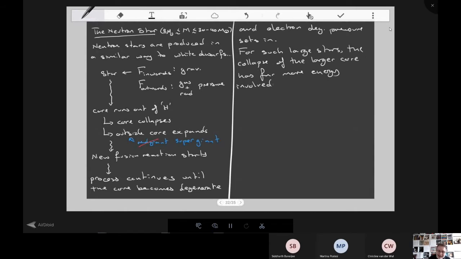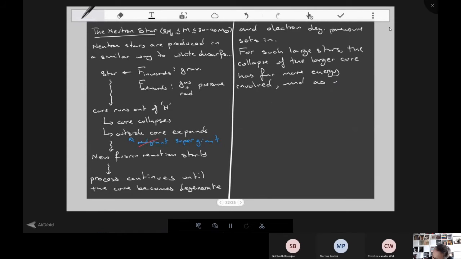Because it's larger, there's more mass there, the density of the bigger stars is denser. And as it collapses, there's a lot more loss of GPE, and the kinetic energy associated with the conversion of GPE to KE is much more energetic, and has far more energy involved.